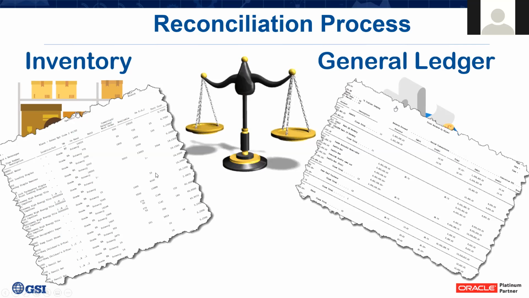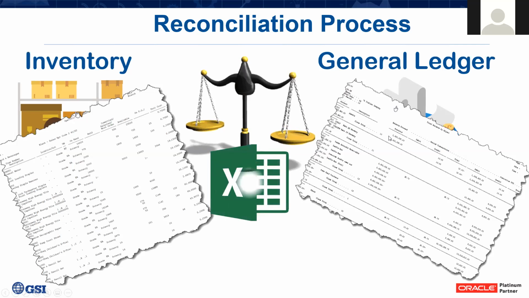So you have inventory data on one side, you have general ledger data on the other, and in order to marry them up to see if we're in balance or not, that usually involves some type of Excel work, where I'm downloading information onto Excel sheets, and I'm doing some type of manual calculation to see whether or not I'm in balance.